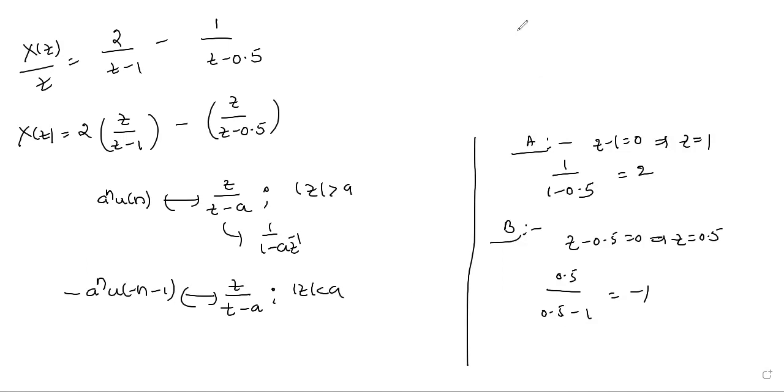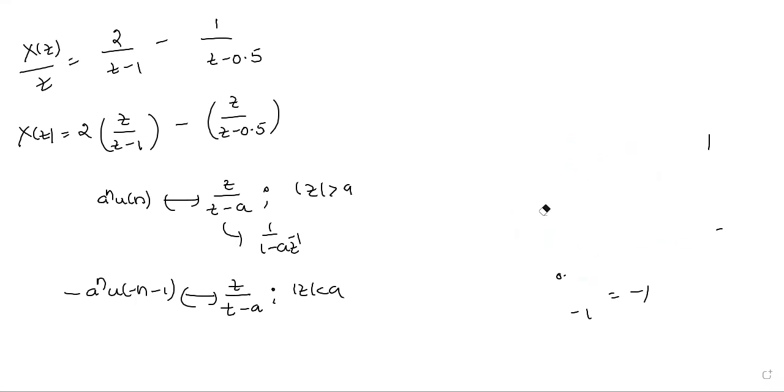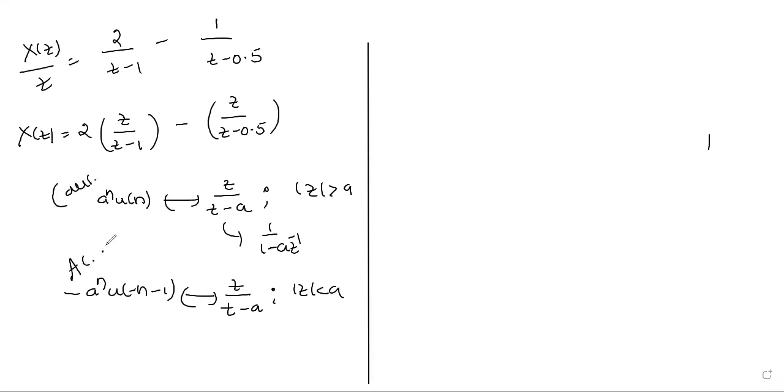Less than its pole. So now take the given ROCs and observe whether ROC is greater than the pole or less than the pole, whether we want a causal or anti-causal sequence. Based on that, we have to select the inverse Z transform.